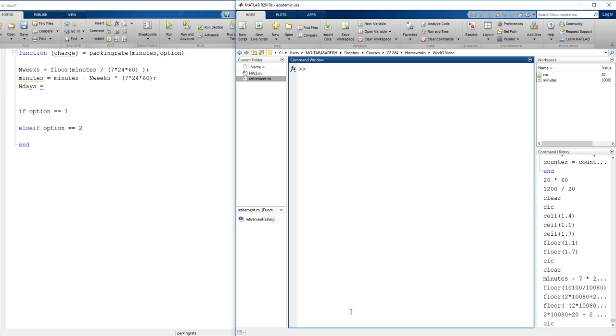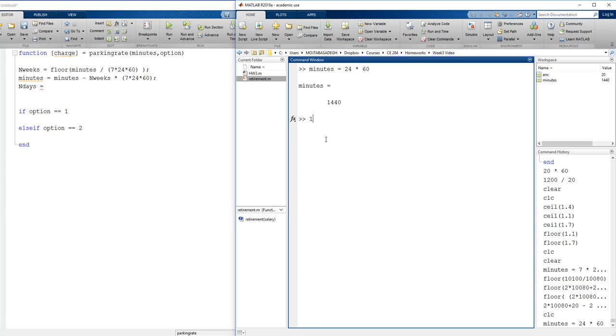So each day is 24 hours. Each hour is 60 minutes. So if I do minutes is equal to 24 hours times 60 minutes, I have 1,440 minutes within each day.